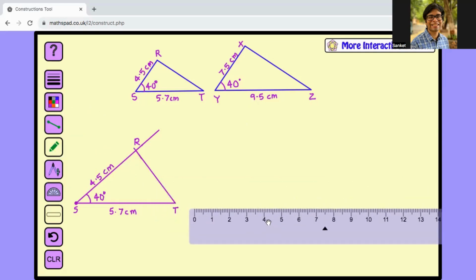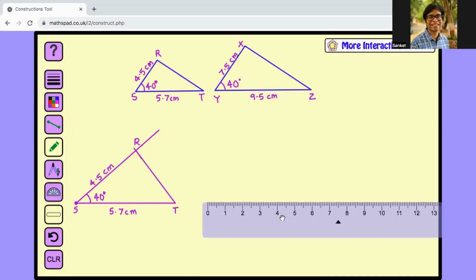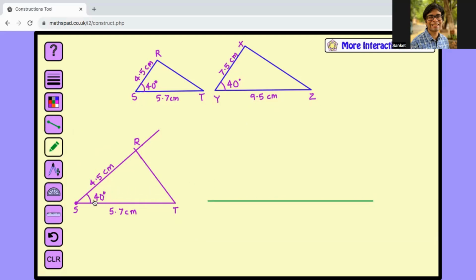To construct my bigger triangle, I'm going to first draw its base, which is 9.5 centimeter. So I've drawn its base.